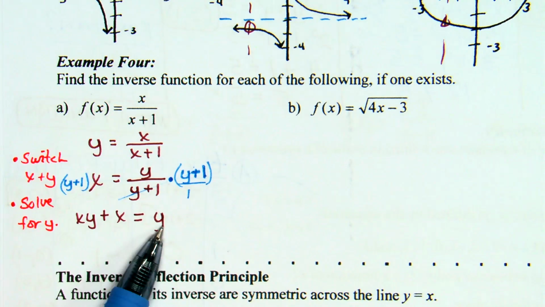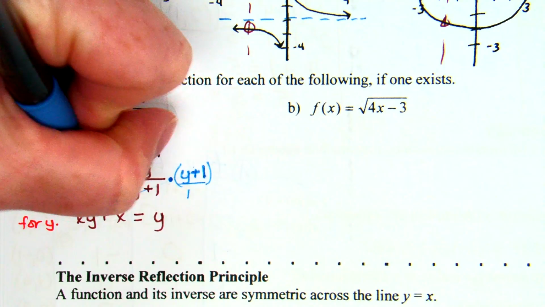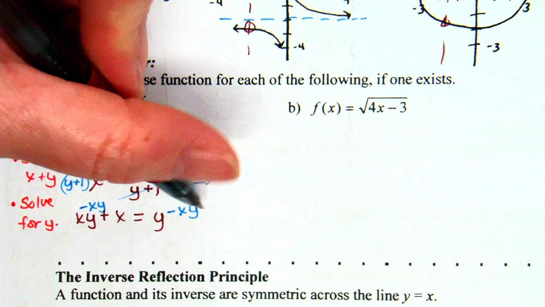I like your first step in that to get these y terms together, let's take this positive xy term that's being added on this side and subtract it to the other side. So minus xy, minus xy. So y minus xy is just y minus xy, and I'm flipping my sides here.